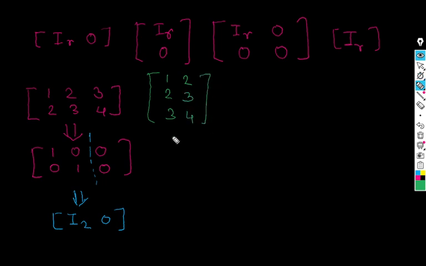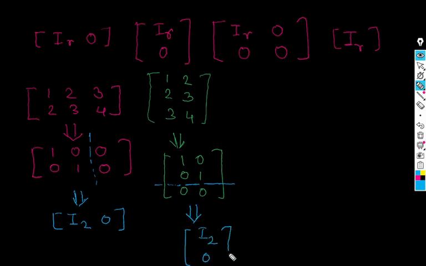If you convert that to the normal form, it will become 1, 0, 0, 1, and then 0, 0. Again, if you separate the block of the identity matrix, you can draw the dotted line here, so you get the I_2 block on the top. So the normal form will look like I_2 over 0.